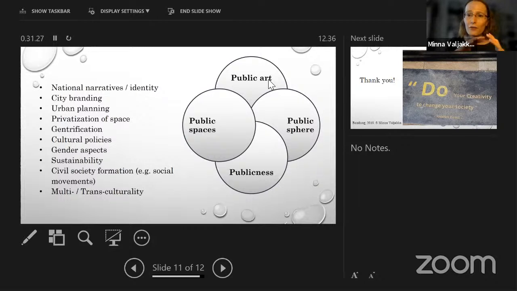And of course, a lot of aspects of cultural policies can be understood through public art. What is allowed? What is not allowed? What kind of values does your government want to imply through culture? And of course, we can learn a lot about different gender aspects just by looking at what kind of artworks we have around us, what kind of figures they give, what kind of roles they display.